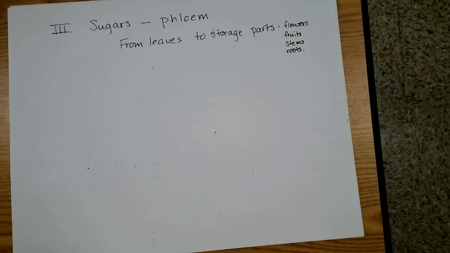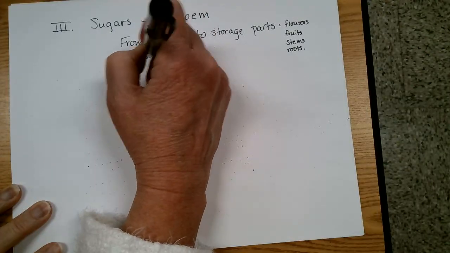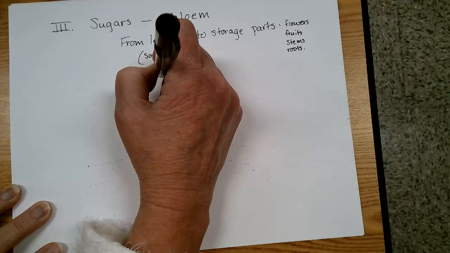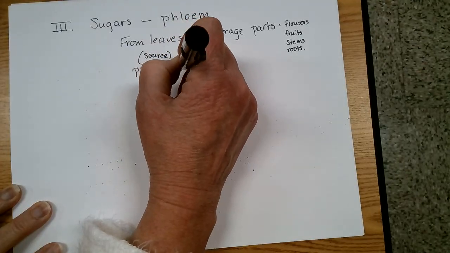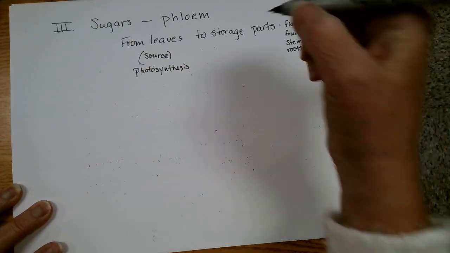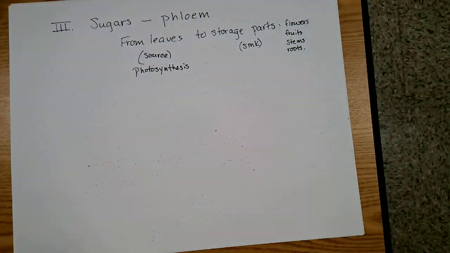But we call this from the source, and that's the leaves, because that's where photosynthesis takes place. So the source is where photosynthesis is taking place, from the leaves to what we call the sink, where it all kind of sinks down.